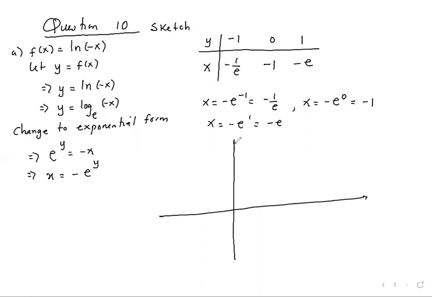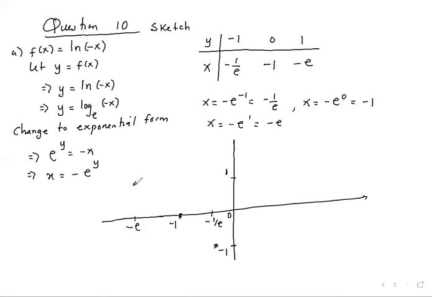So the values we have when y is negative 1, when y is 0, and when y is positive 1. When y is negative 1, we get negative 1 over e, so somewhere here. And when y is 0, that is on the x-axis, we get x is equal to negative 1 here. And when y is 1, we get this guy is negative e.